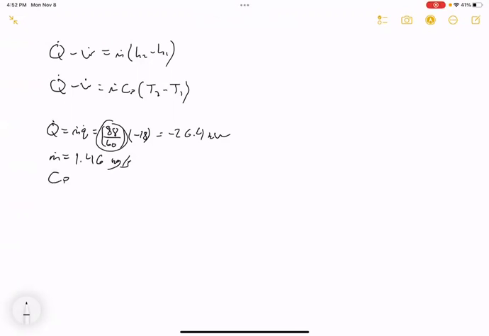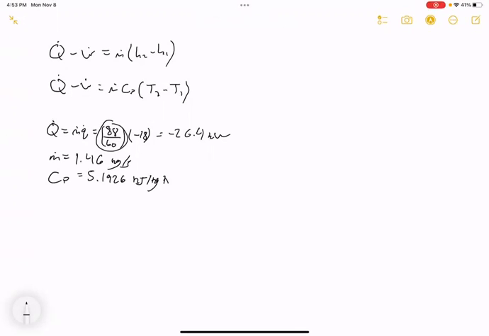Cp, well, I don't know, but I'm going to go get it from the table. And if you get it from the table on the first page, you should find that Cp for, is this helium? Yeah, helium is 5.1926 kilojoules per kilogram Kelvin. Okay, that's Cp delta T.